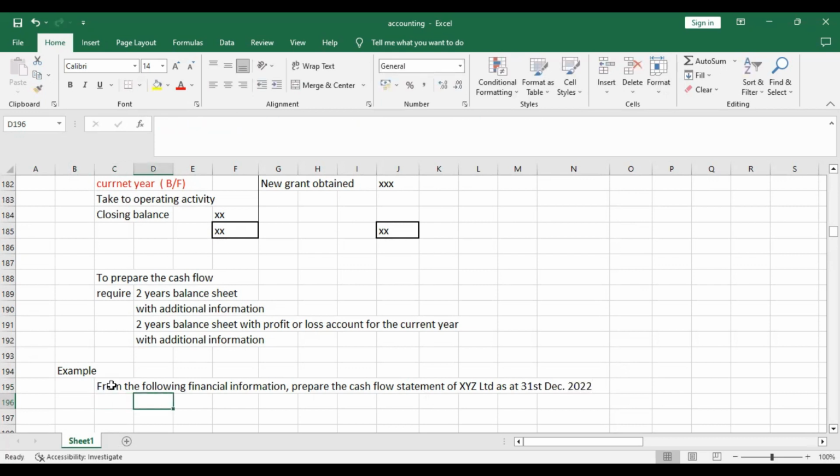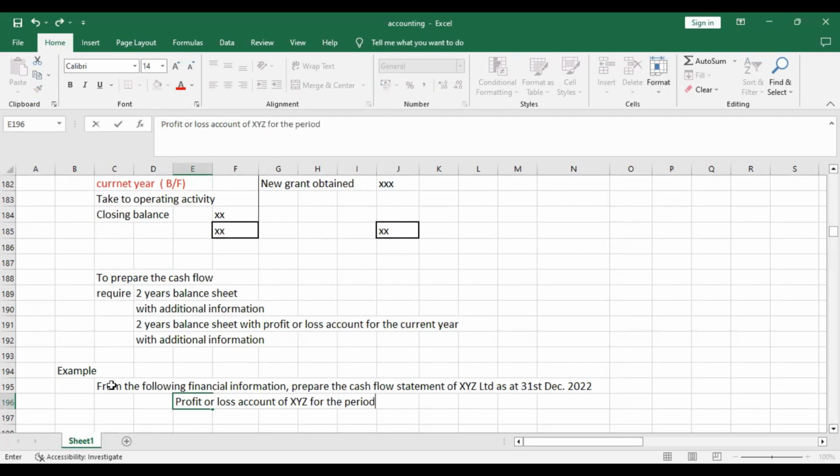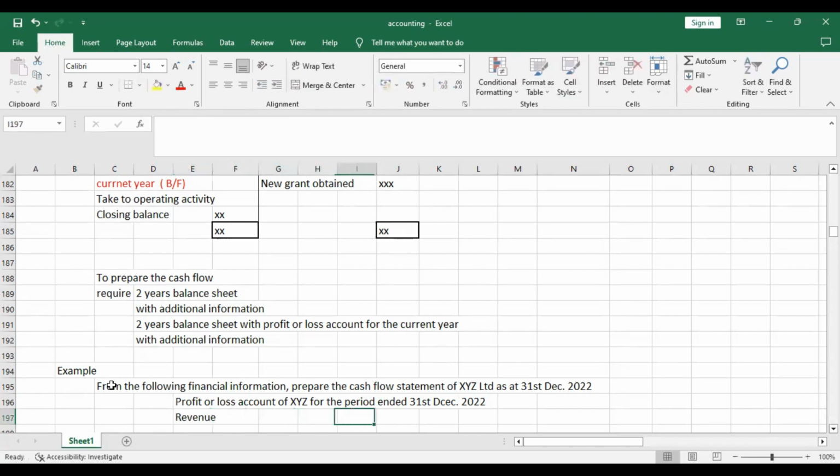They have given very clearly the profit or loss account of XYZ for the period ended 31st December 2022. Revenue has been given as 400,000, suppose.